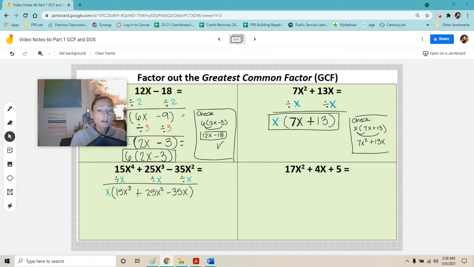Well, now I see these all still have x's in it, so I can do that same kind of step again. So this time I'm going to divide by another x.